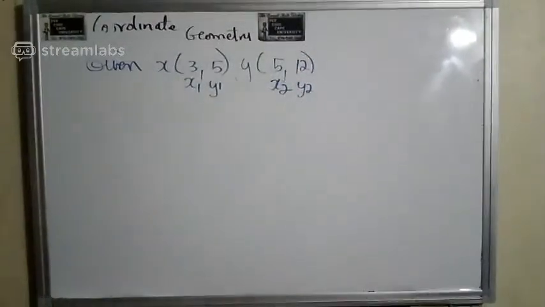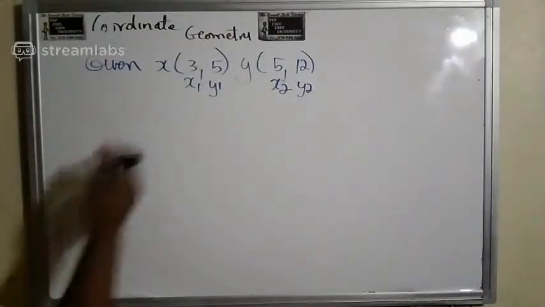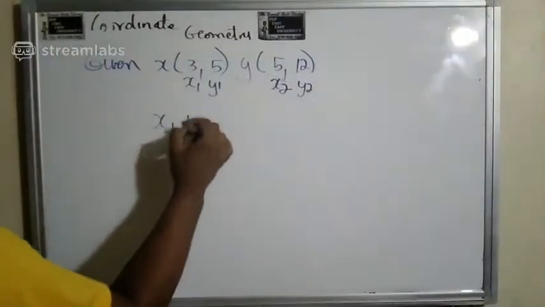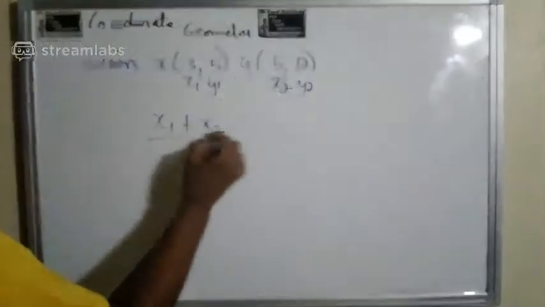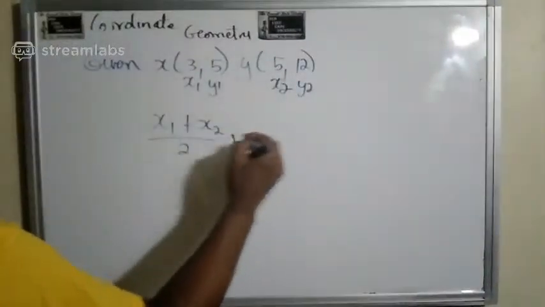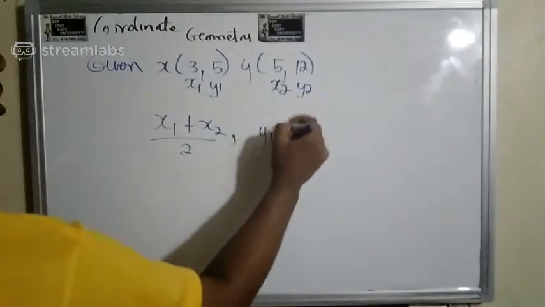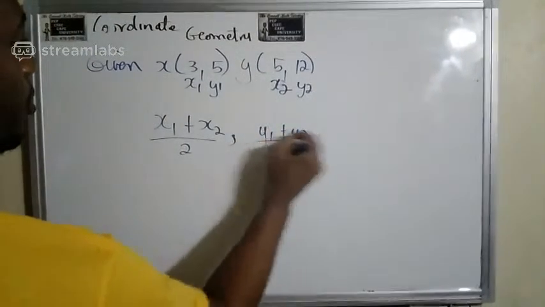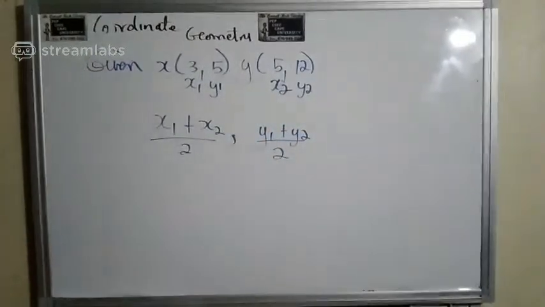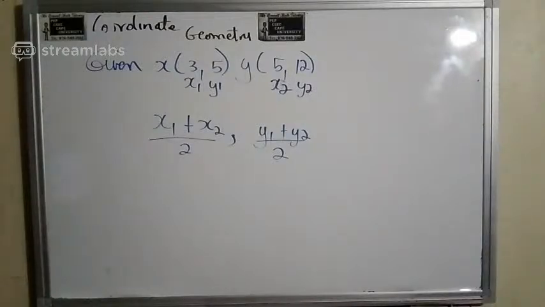So it's the midpoint of the x, so it's x1 plus x2, and we divide it by 2. Put a little comma here, then y1 plus y2, and we divide by 2. That's all. What is the fuss about, students?